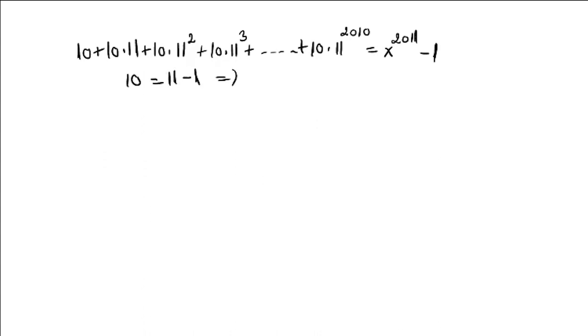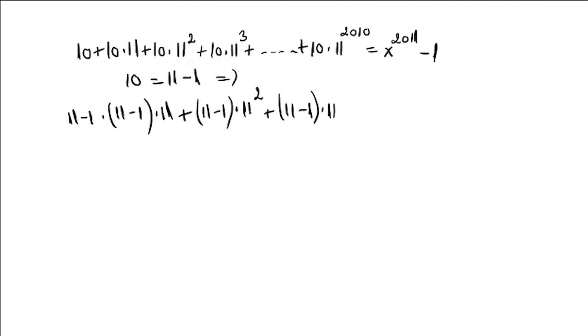This results in a new equation: 11 minus 1 multiplied with 11 minus 1 multiplied with 11, plus 11 minus 1 multiplied with 11 to the second power, plus 11 minus 1 multiplied with 11 to the third power, until we have 11 minus 1 multiplied with 11 to the power of 2010, equals x to the power of 2011 minus 1.